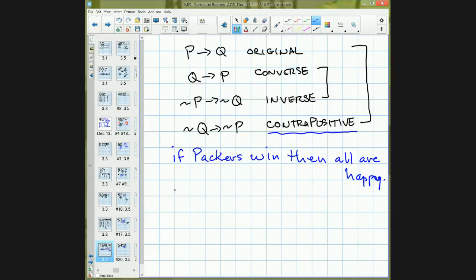Yeah, we could do that too. So I'm going to call this first part P and the second part H. So in effect, this is the sentence that Mike proposed. If Packers win, then we're happy.